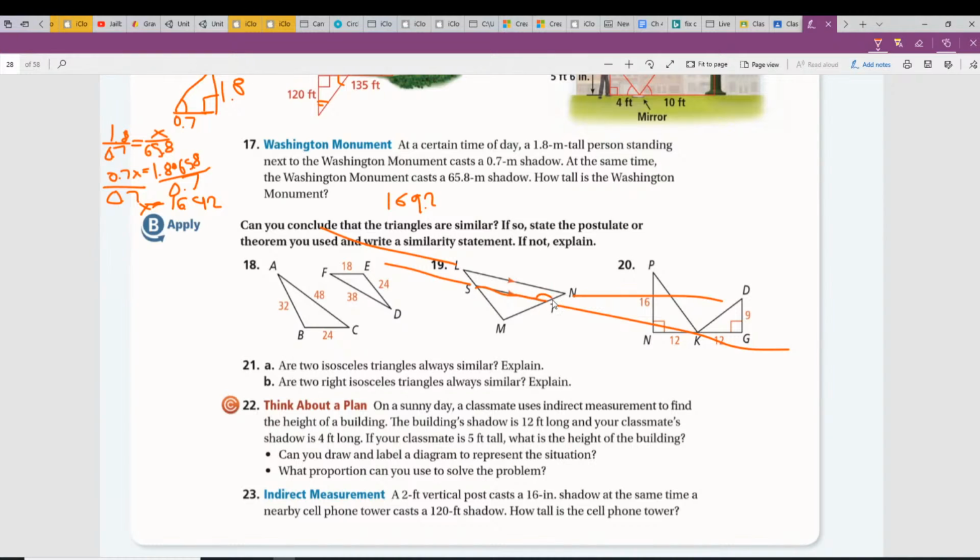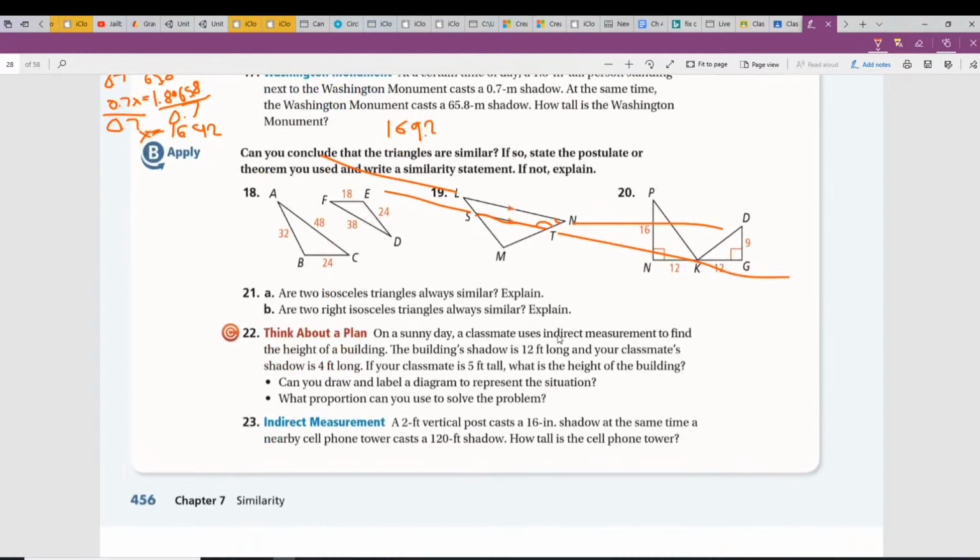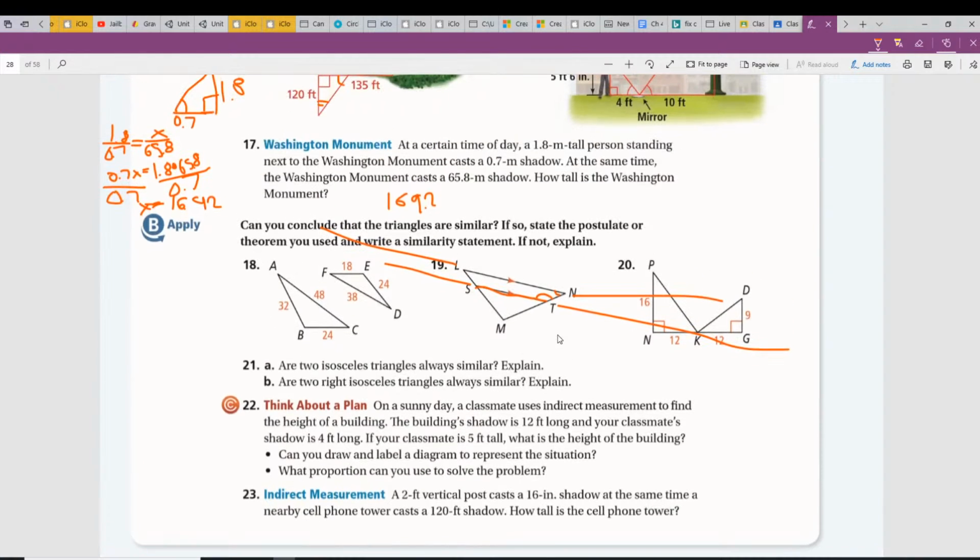So we know that this would be supplementary to this. So we have this angle which is supplementary to this one.